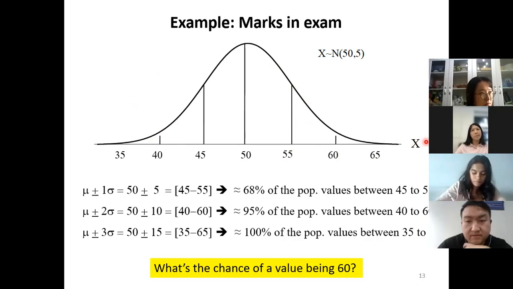Supposing 80 and above is grade A. Mansha, what's the chance of getting A? I give you A for 80 and above. This is from 35 to 65. What are the chances of going here? It's almost flat, right?